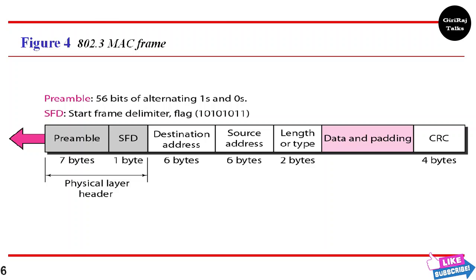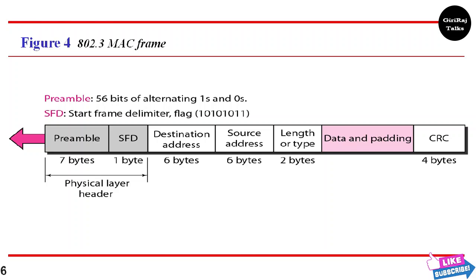Ethernet does not provide any mechanism for acknowledging received frames, making it what is known as an unreliable medium. Acknowledgement must be implemented at the higher layers. The format of the MAC frame is shown in figure 4.